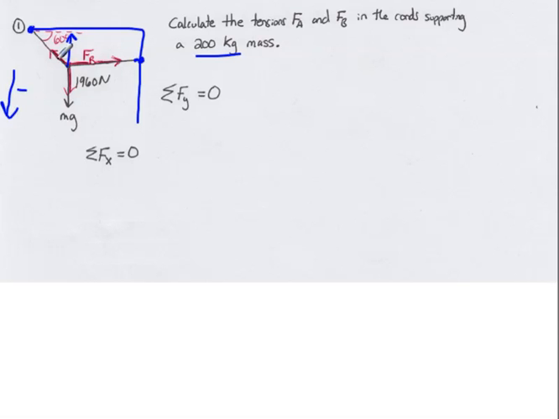So if that's 60, then that means this guy is 30. And we can kind of use whichever one we want. So we could go the cosine of 30 or the sine of 60. I'm going to go cosine of 30. I like thinking about it from this perspective. So cosine of 30 is that component, the vertical component.